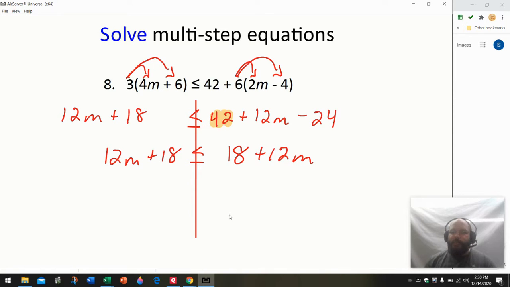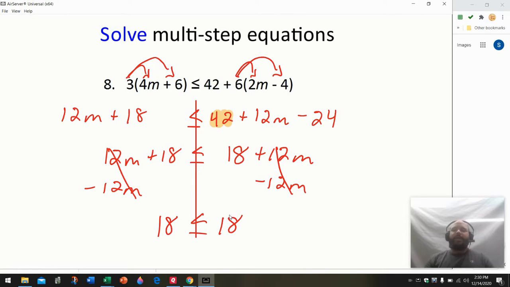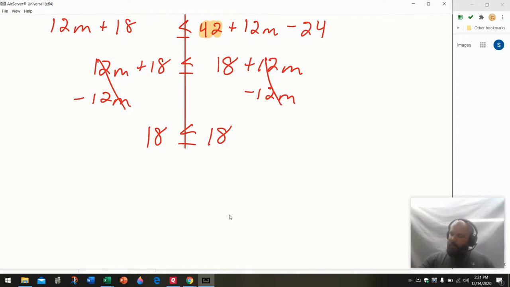Okay. Now from there, I want to get my variables to the same side. So I'm going to subtract 12m. I'm going to subtract 12m. And you can see, once again, all of the variables cancel away. And what we get left with this time is a true statement, which is 18 is less than or equal to 18. So this is true.